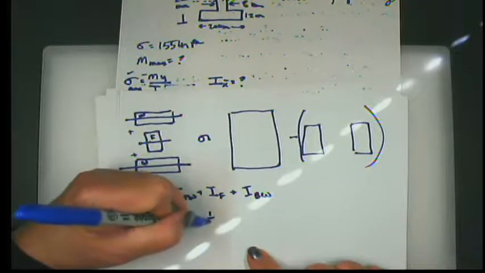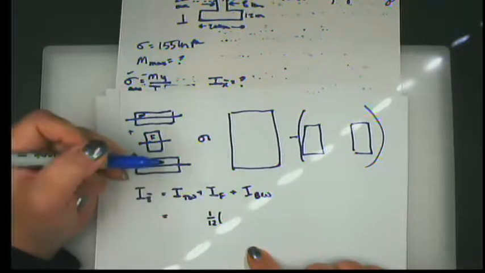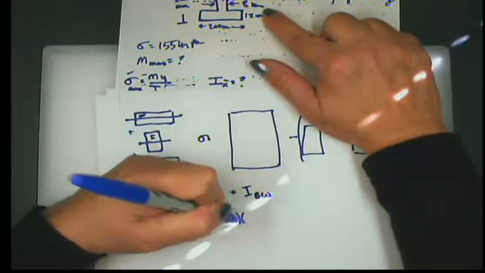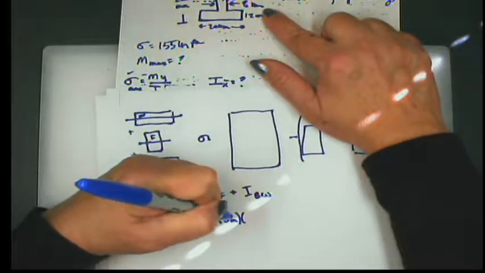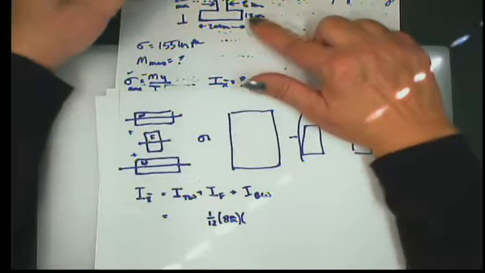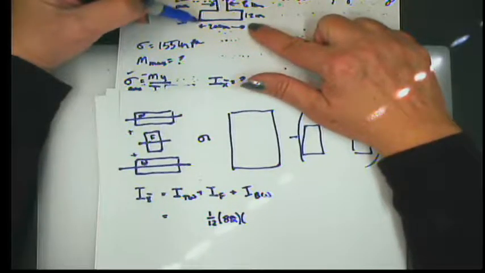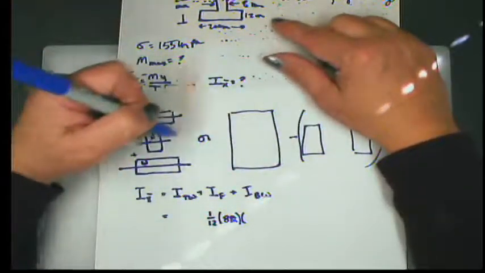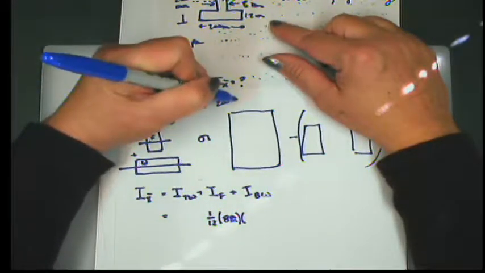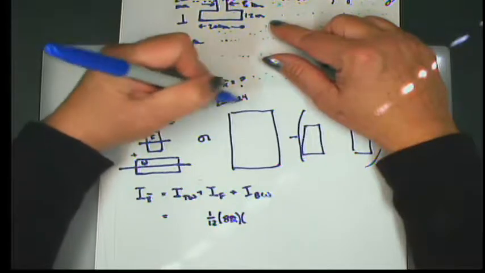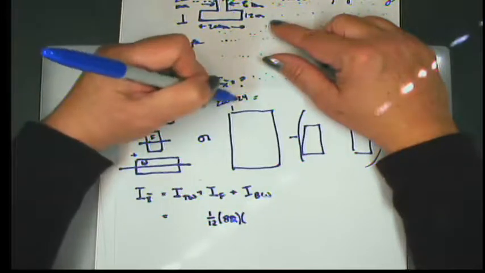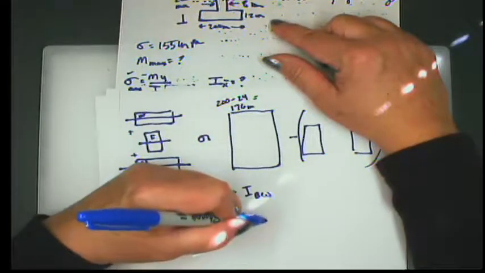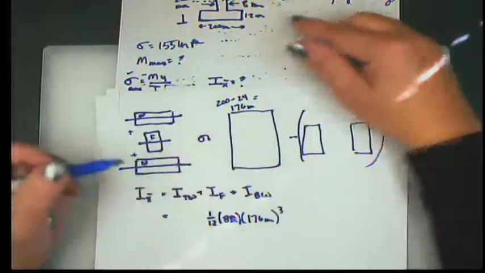So this is just 1/12 times the base of the flange, which is 8 millimeters, times the height, which if this entire thing is 220, this is 12 and this is 12, that means it's 220 minus 12 times 2, or 24, which is 176 millimeters, isn't it? So 176 millimeters to the third power.